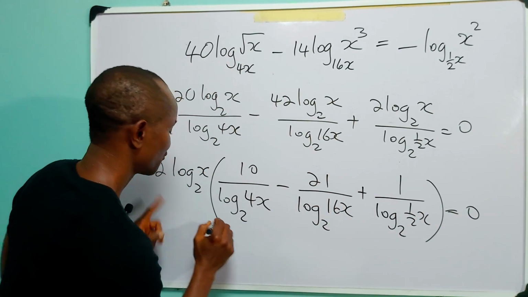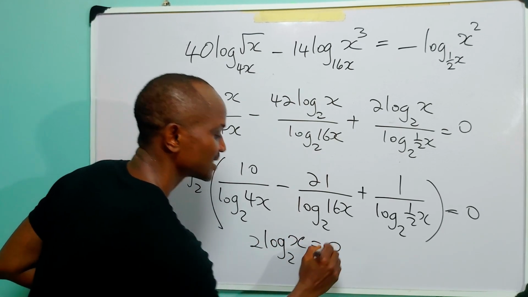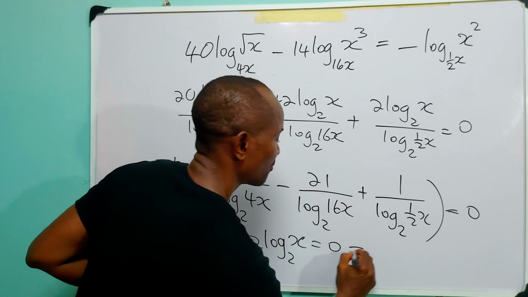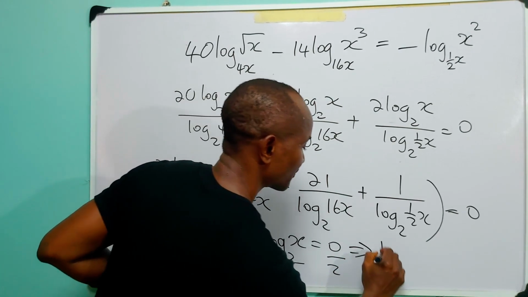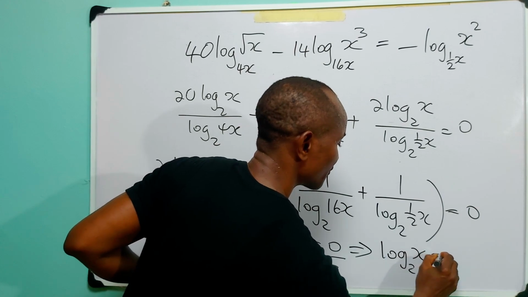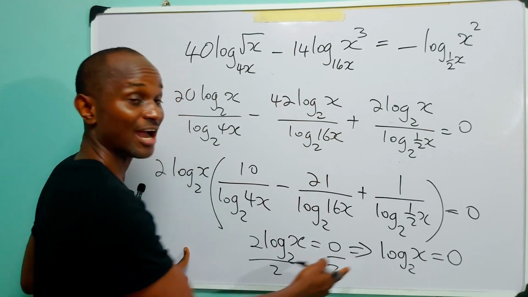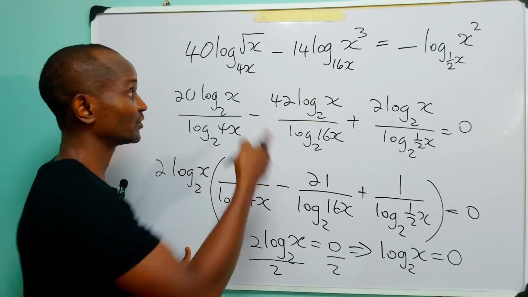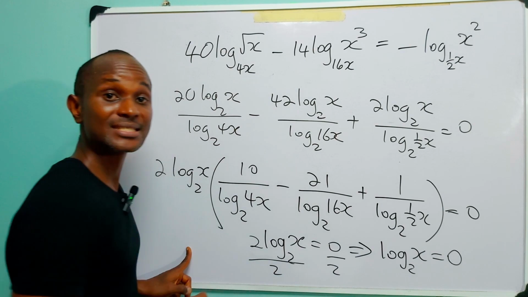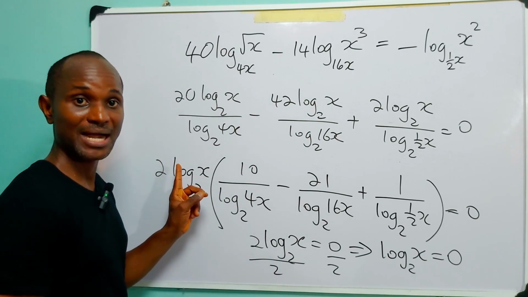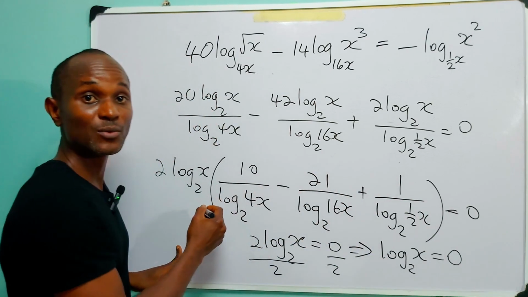So we have from this statement that 2 times log to base 2 of x is equal to 0, from where, dividing both sides by 2, log to base 2 of x is equal to 0. So at this point, we have already found one of the roots of this equation, which is that log to base 2 of x is equal to 0. So keep this in mind. What we now do is to go on to solve this part of the equation.